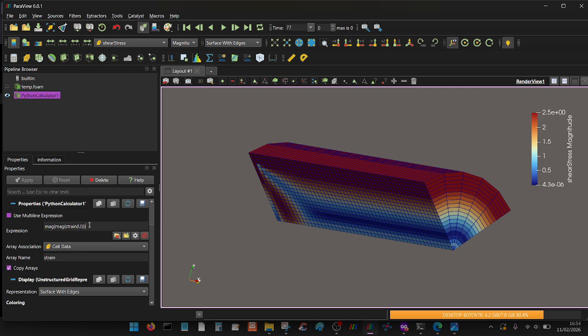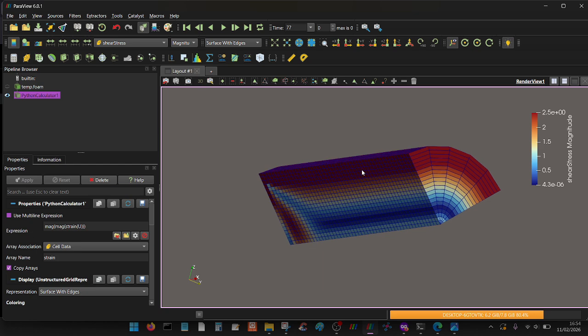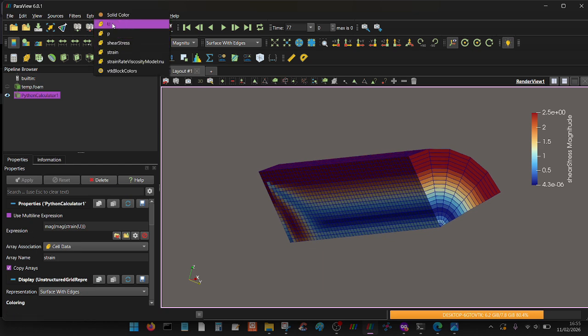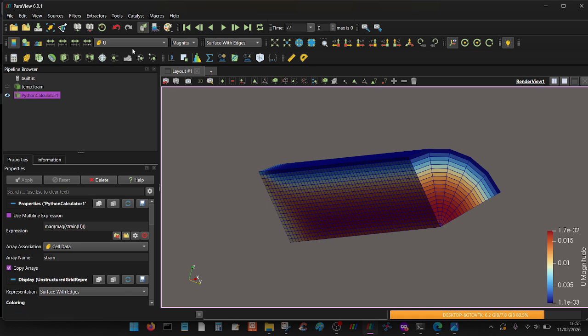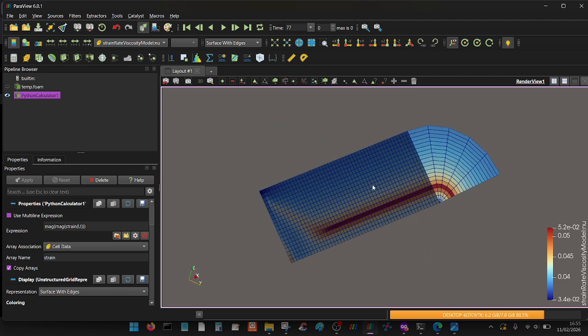I think that's the magnitude of the total strain rather than shear strain, if that is even a thing. But what we're looking at here is the overall magnitude of the strain rate based on the velocity gradient. So after running the solution, we've got the velocity profile, we've got the viscosity that is variable across the pipe, and then we've got a strain rate that is that one.